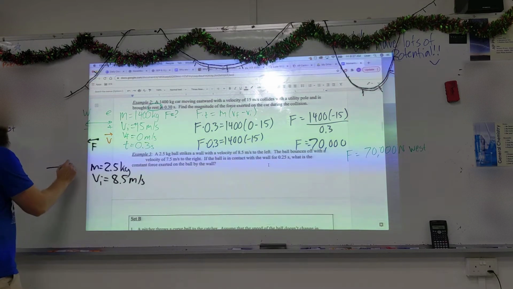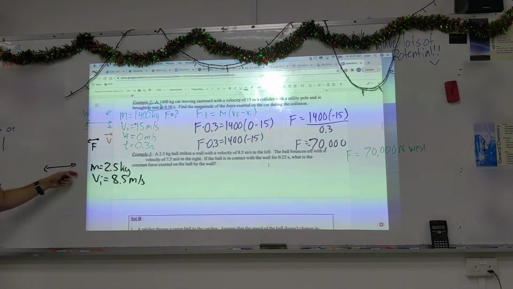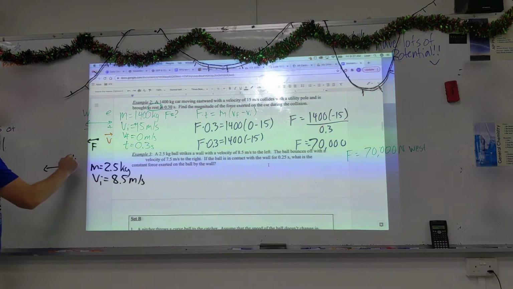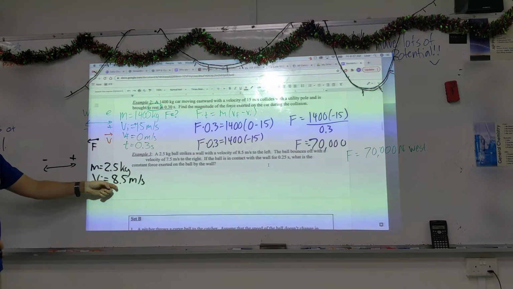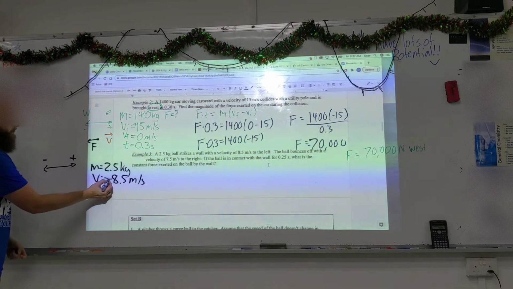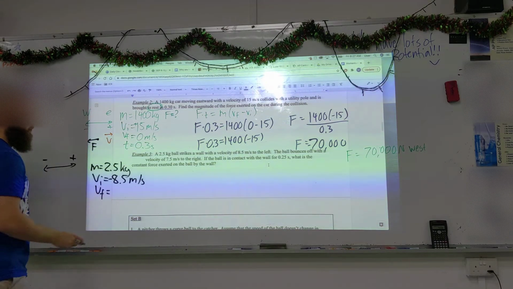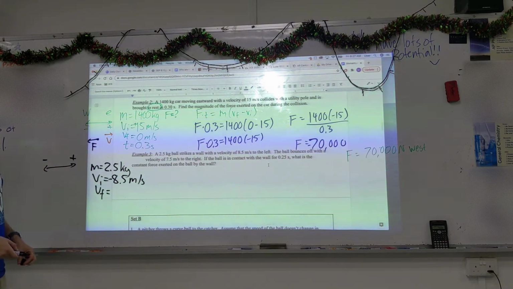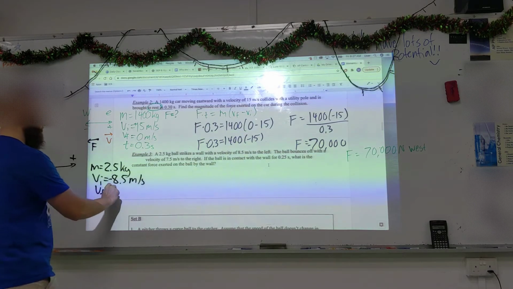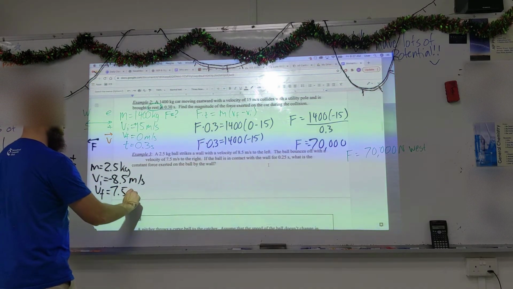So let's go ahead and draw our axes. Let's make the right positive and backwards, left, negative. So this one is originally to the left, so that's going to be a negative. Now what's our VF? Our VF is 7.5 meters per second to the right. So that's going to be 7.5 meters per second.